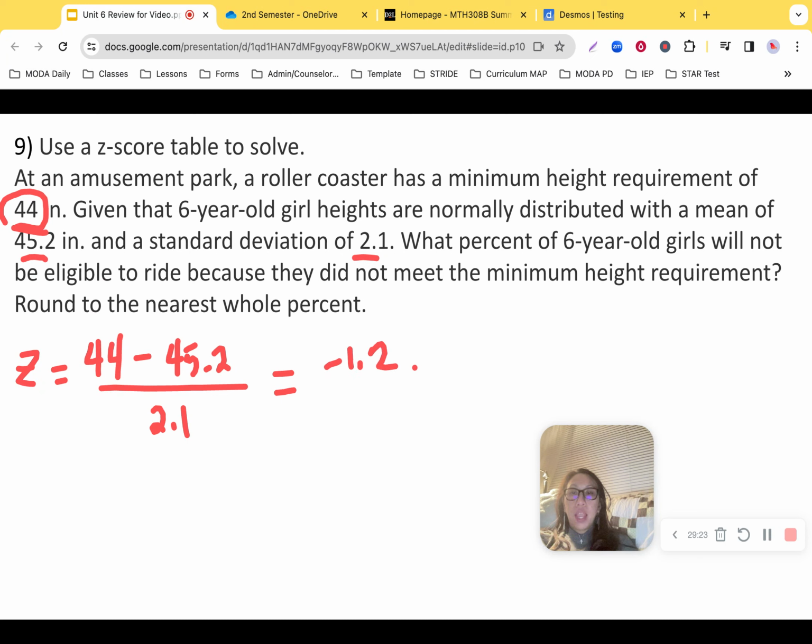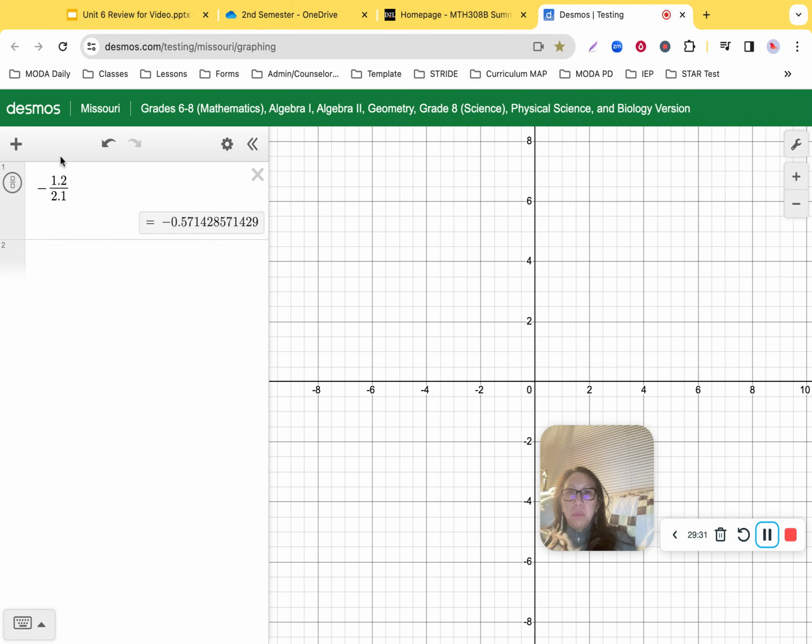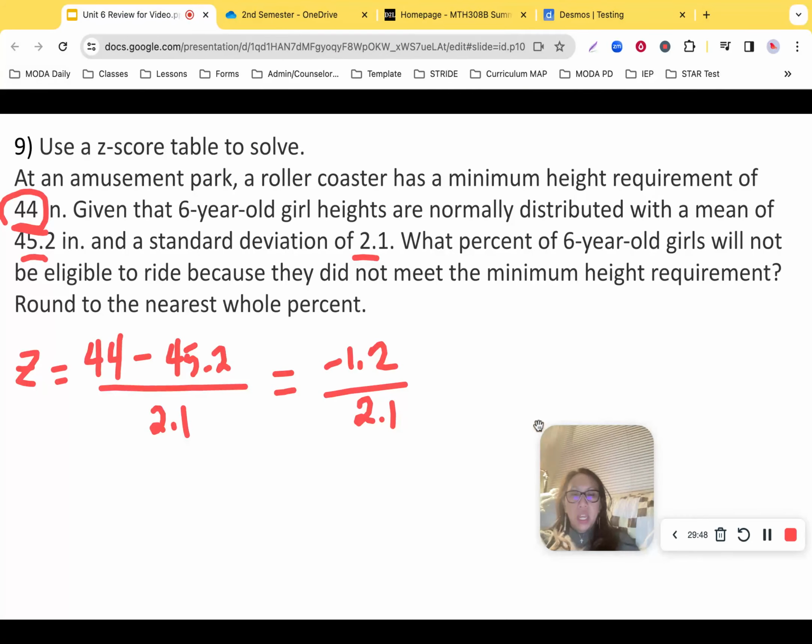So we have 44 minus 45.2, so that's actually -1.2, and divide that by 2.1. Using my calculator, I take -1.2 divided by 2.1. I get this answer, so I'm just gonna round it to the nearest hundredths, which is -0.57. So the z-score here would be negative 0.57.